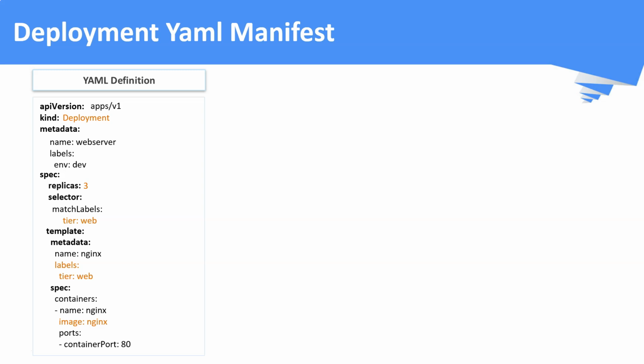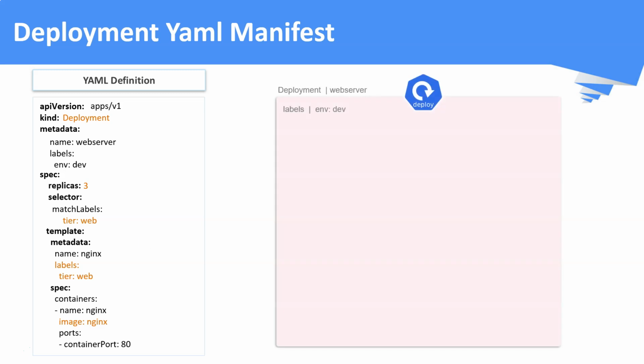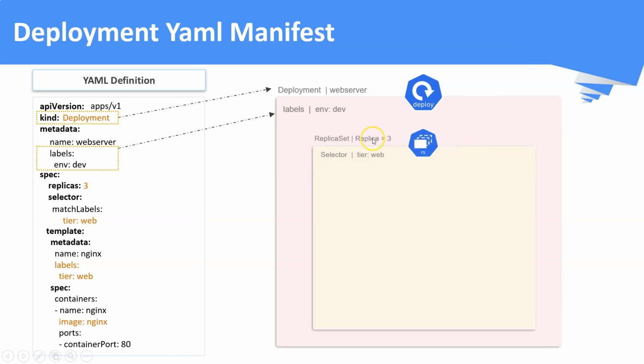Now, let us connect this YAML with the deployment architecture. Towards your right, you can see the deployment named web server and with the label env: dev. And here you can see the connections. This deployment has a replica set with 3 replicas and the selector.